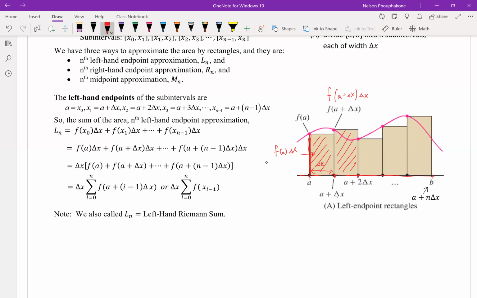So if we do it n times, we will have L sub n, which is f of x naught delta x plus f of x of 1 delta x plus up to f of x sub n minus 1 times delta x, which is this one right here.